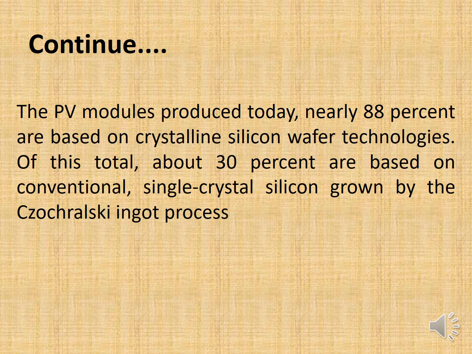Of the PV modules produced today, nearly 88% are based on crystalline silicon wafer technologies. Of this total, about 30% are based on conventional single crystal silicon grown by the Czochralski ingot process.